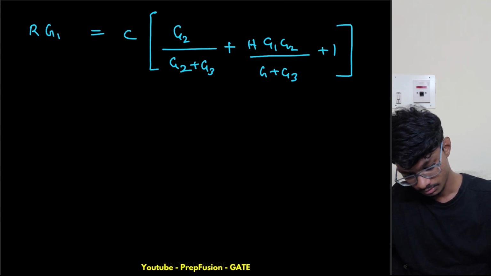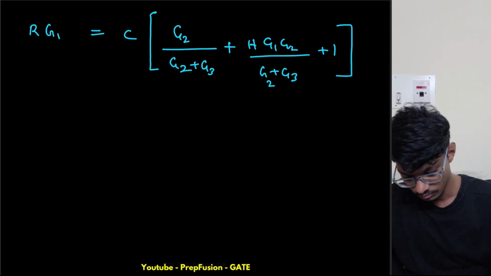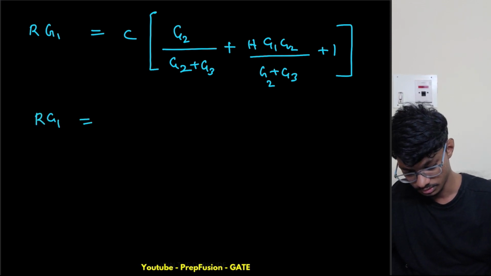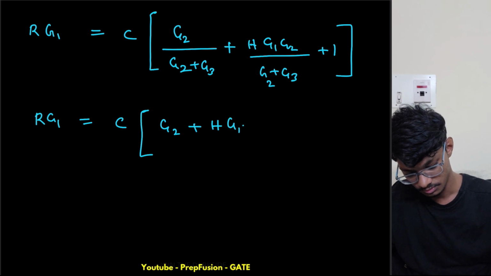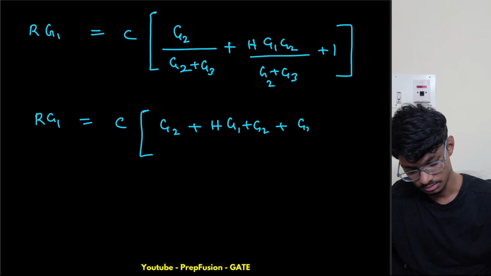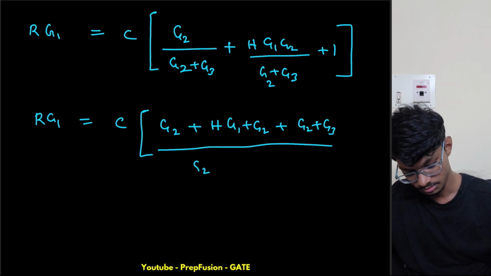So now this is r g1 equals c, g2 plus these coefficients are common only, this is g1 plus g2, and this is g2 plus g3 divided by g2 plus g3.